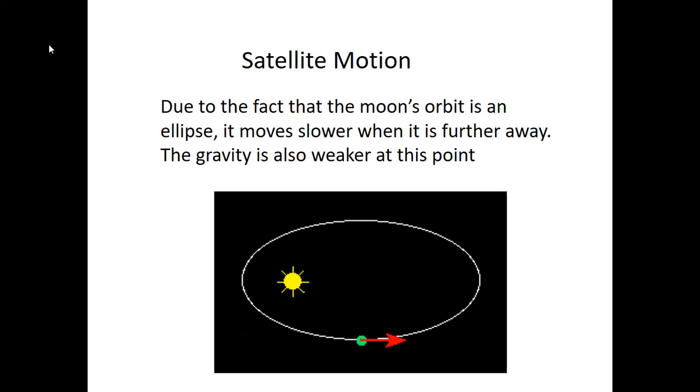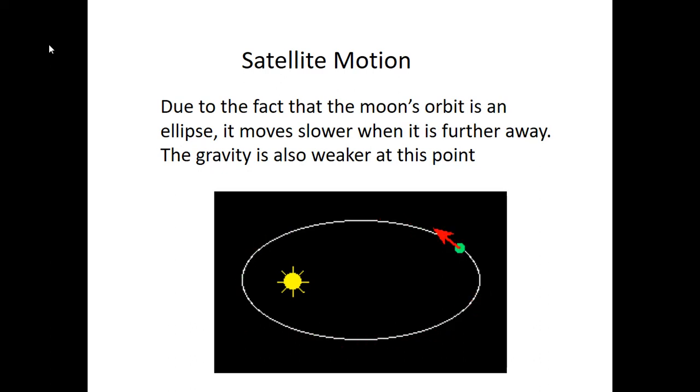The path of an object around the larger object, or what we call satellite motion, is an elliptical path. As this object goes around, the velocity is always parallel to the path at every single point. We call this a tangential velocity. A tangent line in geometry is a line that only touches a circle at one point.